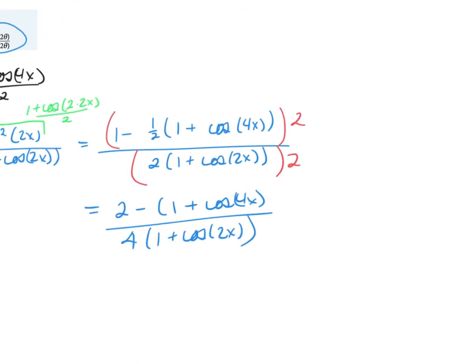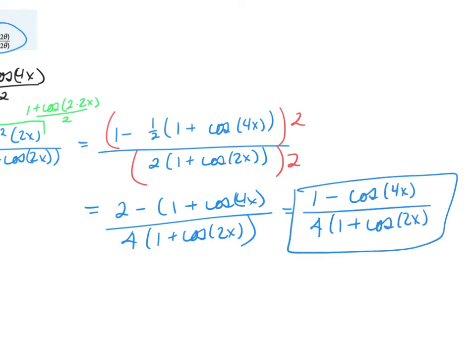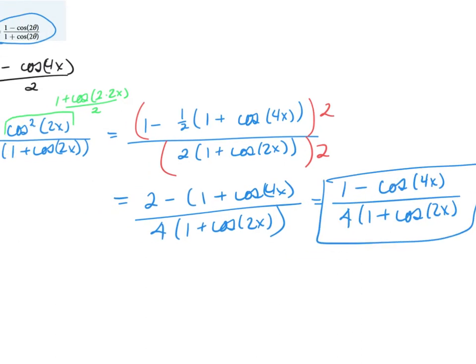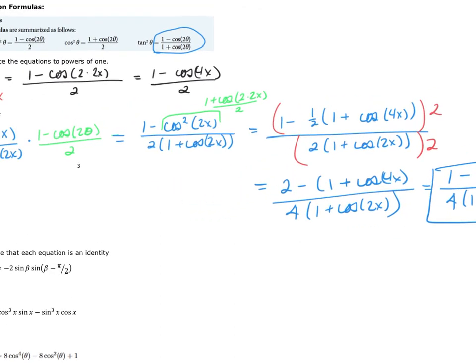And of course, I'm going to distribute the negative through on the numerator and combine like terms. So I end up with 1 minus the cosine of 4x. And then in my denominator, I'm going to get 4 times 1 plus the cosine of 2x. And that's my final answer when I get done. So there is a power reduction formula, and I had to use it twice.